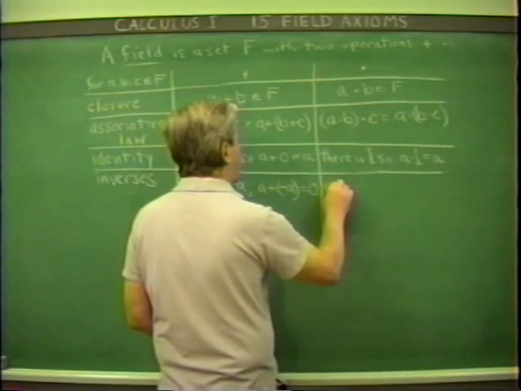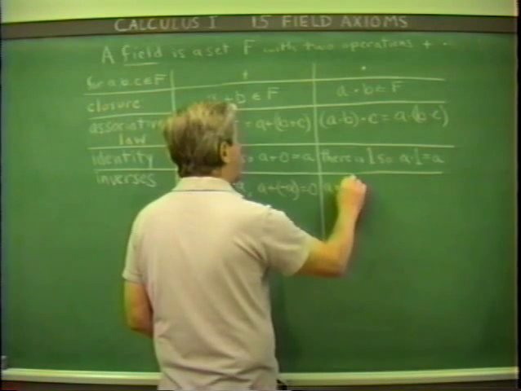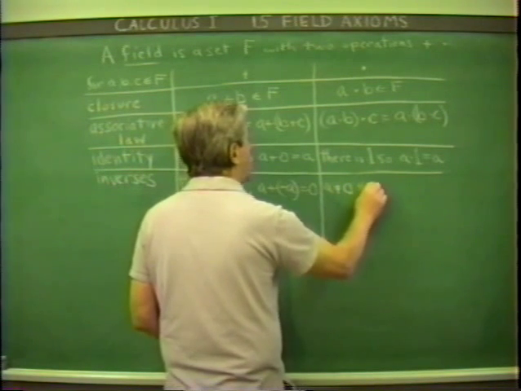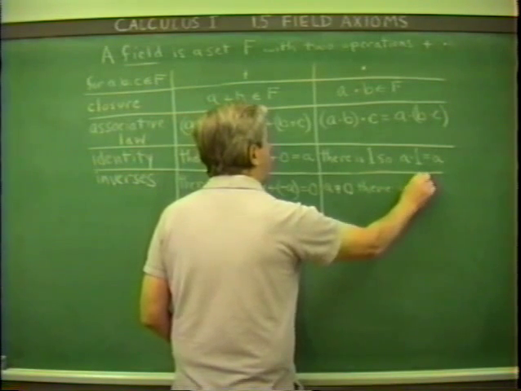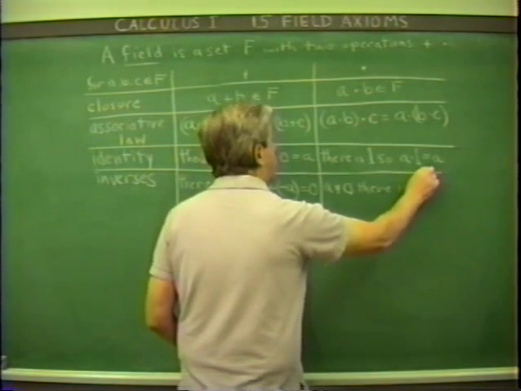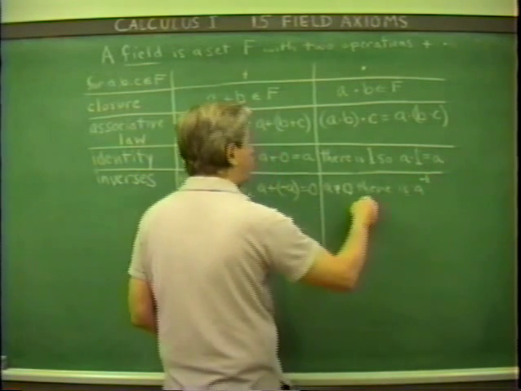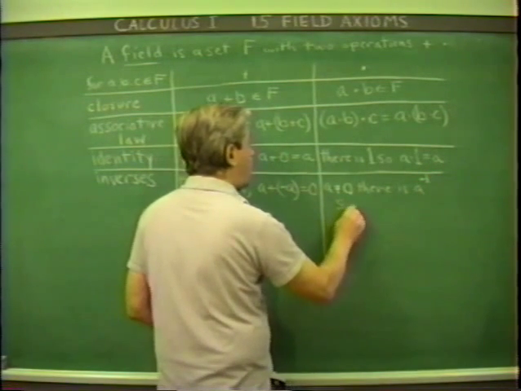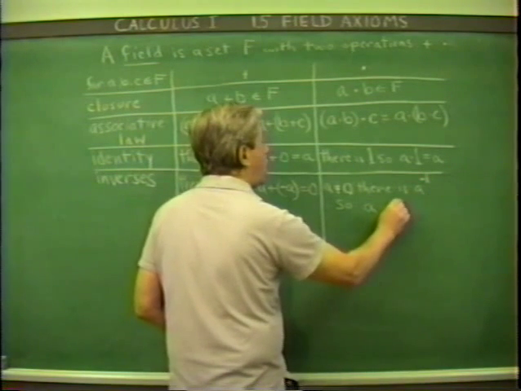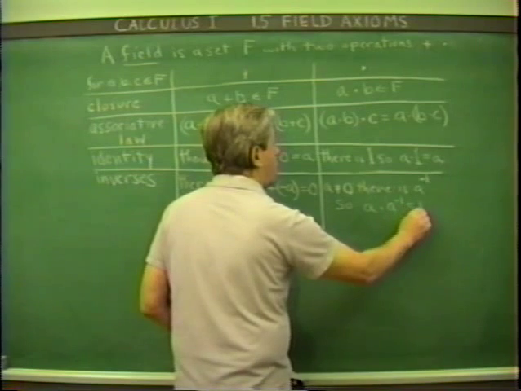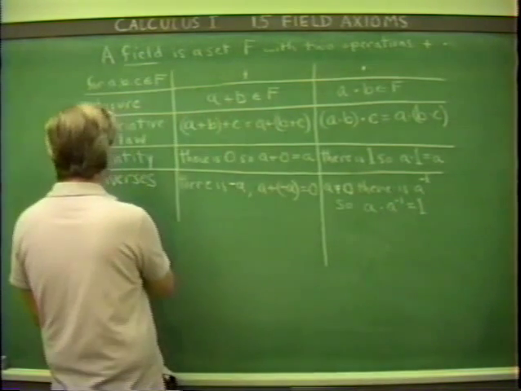And for each A, except for 0, there is an A inverse with respect to multiplication, or the reciprocal of A, so that A times A inverse is equal to 1.